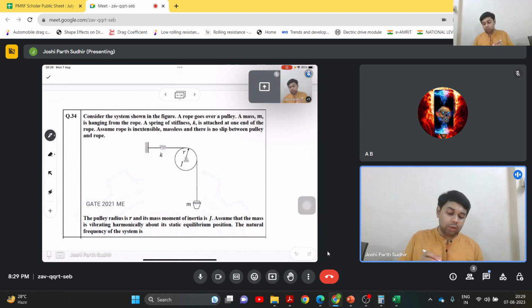Let us say we assume that this mass small m will just move vertically up and down. It will not go here and there anywhere. It will just go vertically up and down, and this disk will rotate by some angle theta, either clockwise or anti-clockwise depending on where the mass is. So now how do we find the relation between the up and down motion of this mass x and the angle theta?